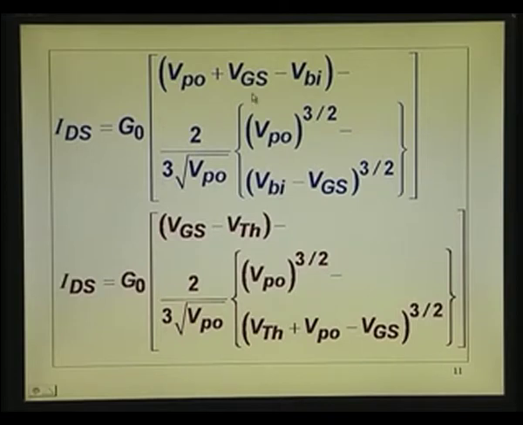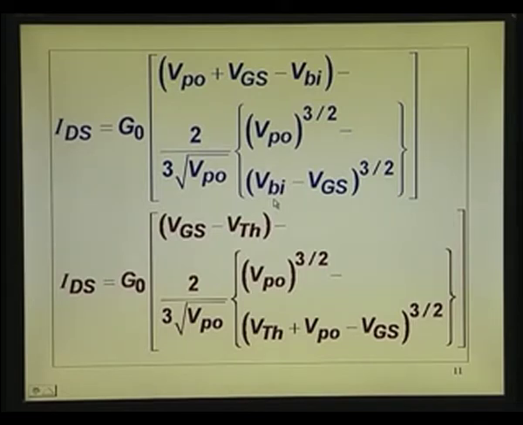So, here you can see VGS minus V threshold, that is VBI minus Vp0, comes here, minus the same term Vp0 to the power 3 by 2. I do not want to put it as VBI; we want to put it in terms of VGS and V threshold.